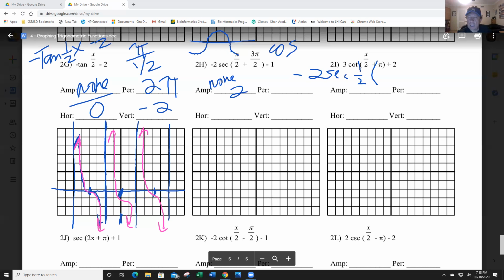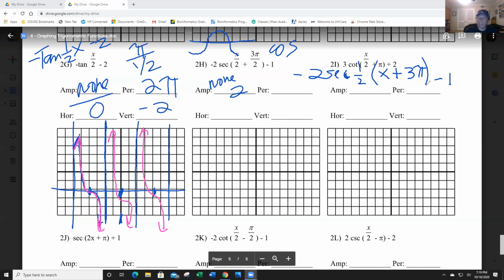And this is going to be x plus 3 pi. Now, and then minus 1. Now, if I'm not sure about that, this is secant. If I'm not sure about that, see my cursor here, multiply 1/2 times x, that's x over 2, and 1/2 times 3 pi, that's 3 pi over 2.